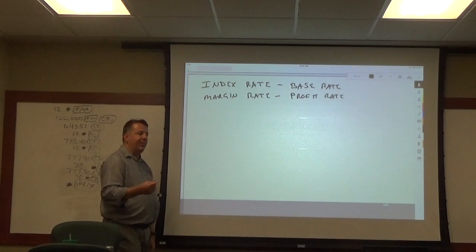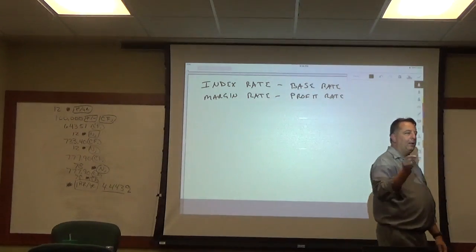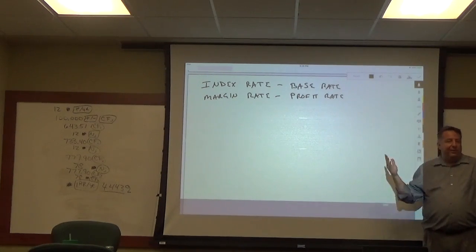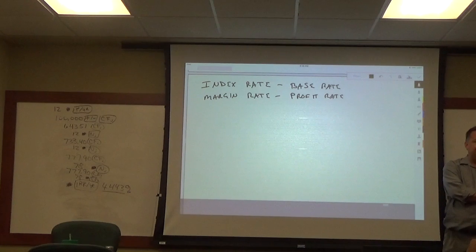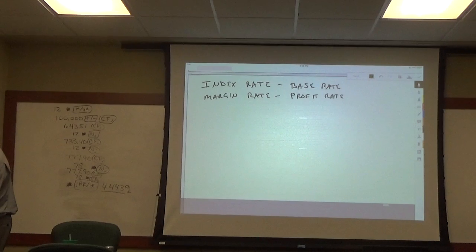And the margin rate is basically that specific lender setting what percent profit, or what additional percent, do we want to tack on to that base rate, essentially their cost of capital, to give them the profit that they want. And so you might have an index rate of 3%, and then they have a margin rate of 2%. Okay, well, that's interesting, but how does that get into the adjustable rate mortgage thing?